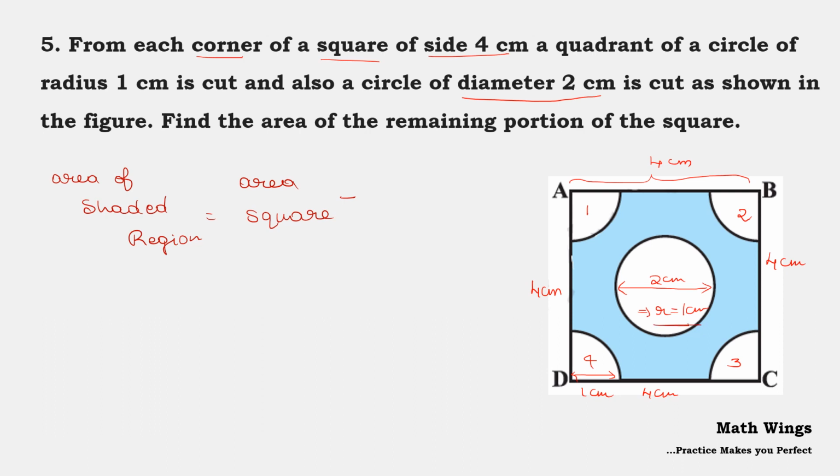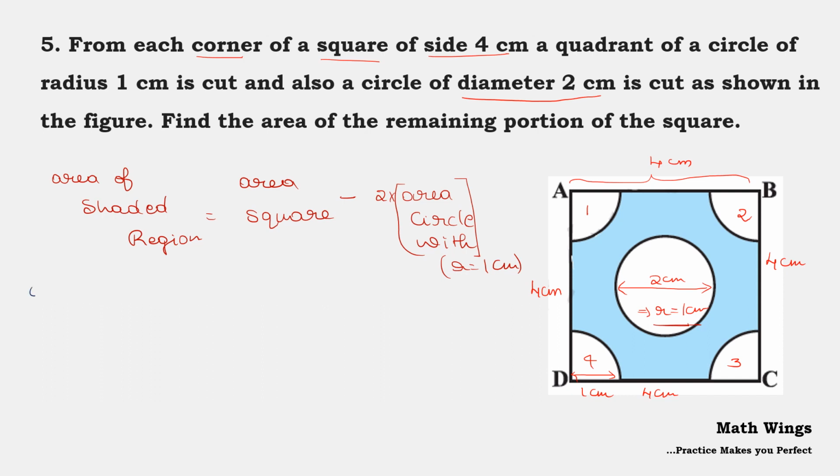Therefore, we can write area of square minus 2 into area of the circle with r equal to 1 centimeter. Hope you understood this concept here. Now, let us see how we can find the answer.